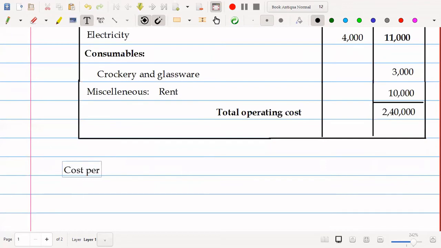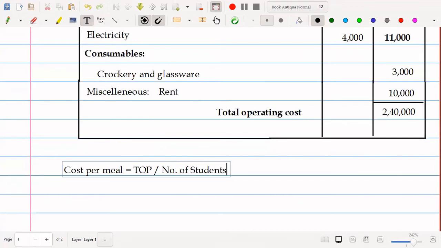Cost per meal is equal to, I have shown you, total operating cost divided by number of students, because it is a college.